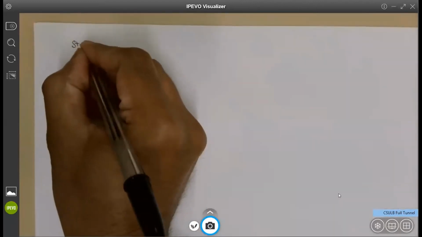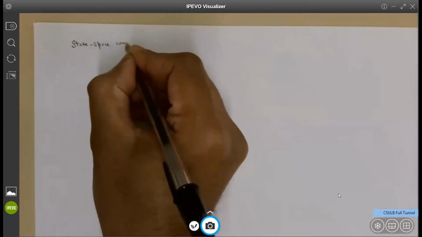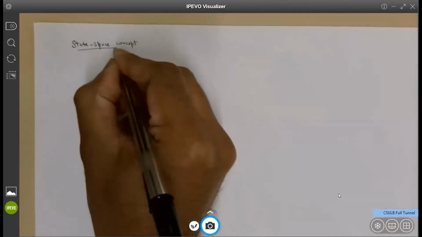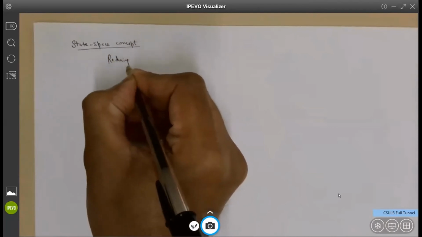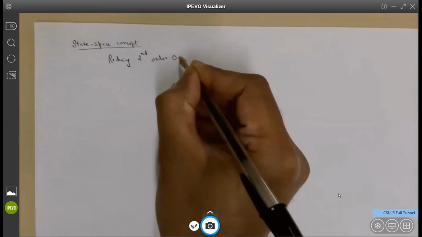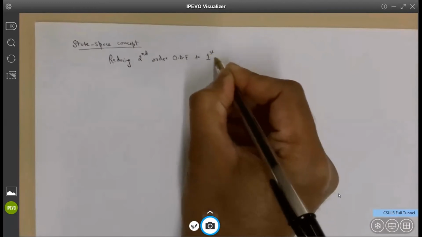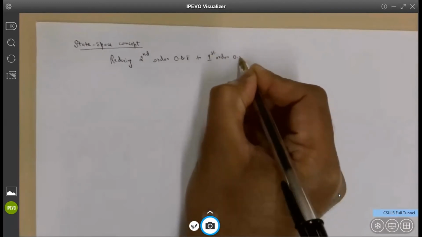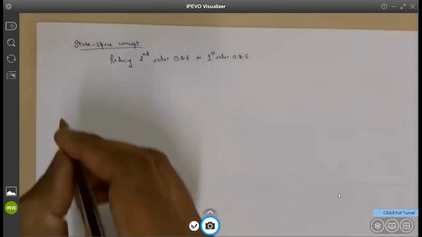State space concept: reducing second order ODE to first order ODE. Let me rewrite the equations we have got.